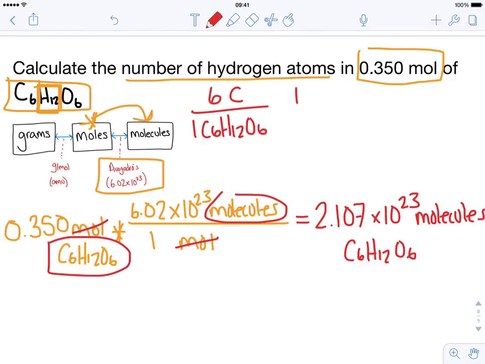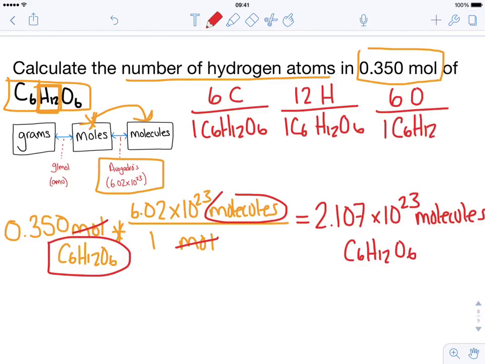We can say that there are 12 hydrogens in one C6H12O6, and there are 6 oxygens in one C6H12O6. Now what is the question asking us for? The question is asking us for hydrogen atoms. So we're not going to want this conversion factor, and we're not going to want this conversion factor, which means we're going to use this one right here.